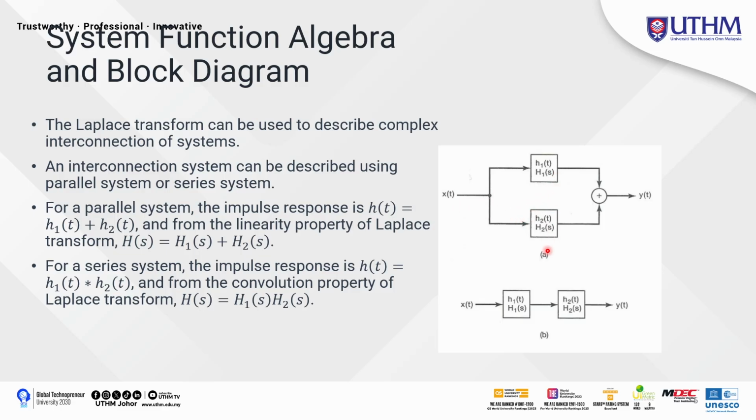But in the Laplace transform or the s domain, that will be the H(s) equal to H1(s) plus H2(s). For the connection in series, the h(t) equal to h1(t) convolved with the h2(t), in the time domain. But in the s domain, that will be the H(s) equal to H1(s) multiplied with the H2(s). So this is the system function algebra.